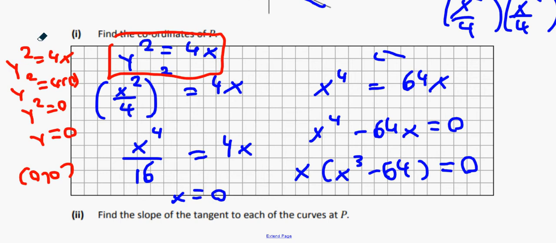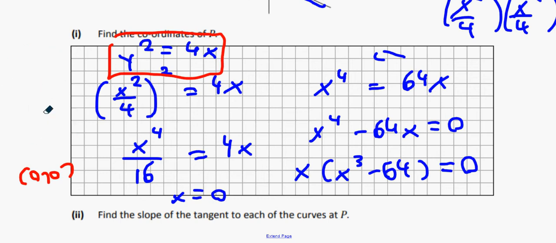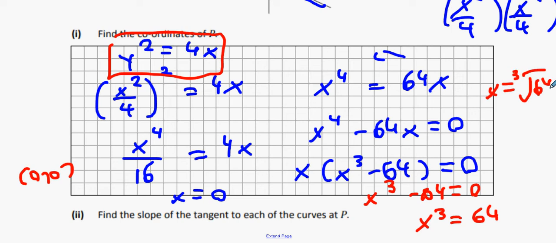But what we're also going to do is have a look at this x cubed minus 64 business over here. Bring the 64 over to the other side, we get x cubed equals plus 64, and cube root 64. The cube root of 64 is in fact 4. So we also have the point 4. Alright? Now we also need the y coordinates.